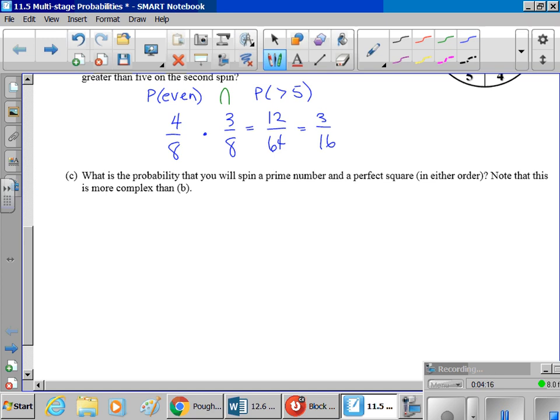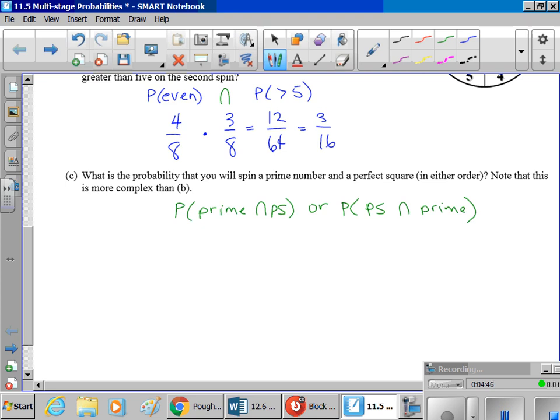So what we're looking for is the probability of a prime and a perfect square, or the probability of a perfect square and a prime, because order does matter in this case.